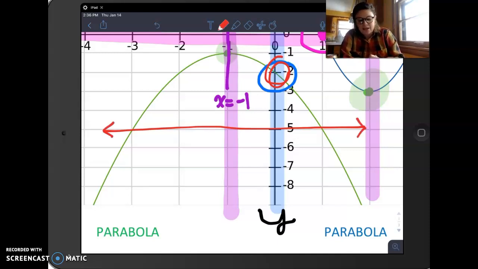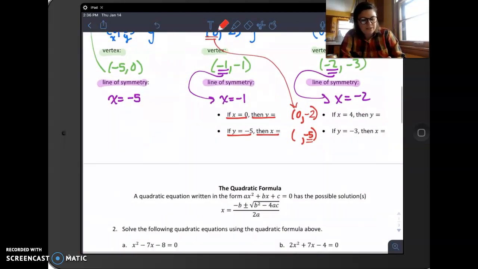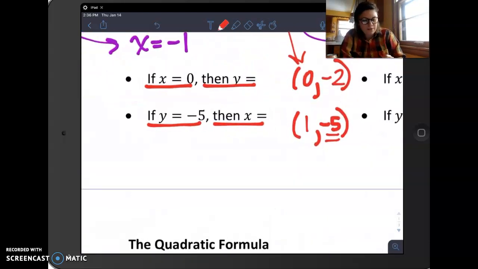And the parabola crosses that line in two different places. So actually, there's going to be two different answers, two different points. One of them is at x equals 1. The other one is at x equals -3. And so the answer to this could be 1, right? Or it could be -3.